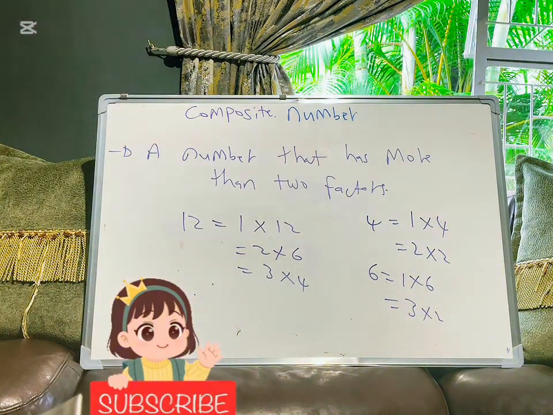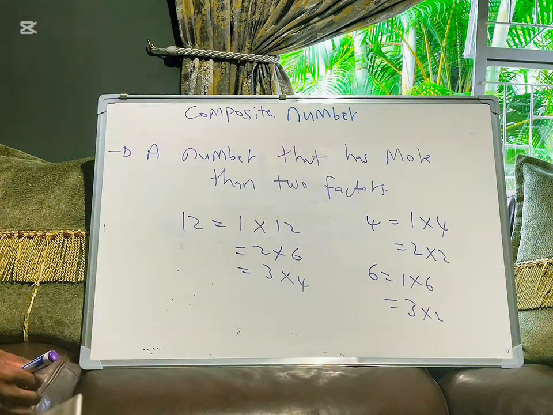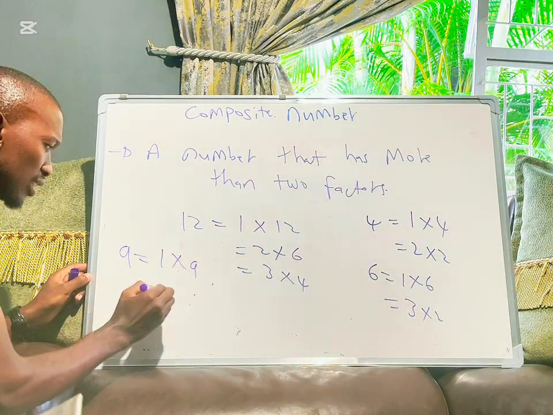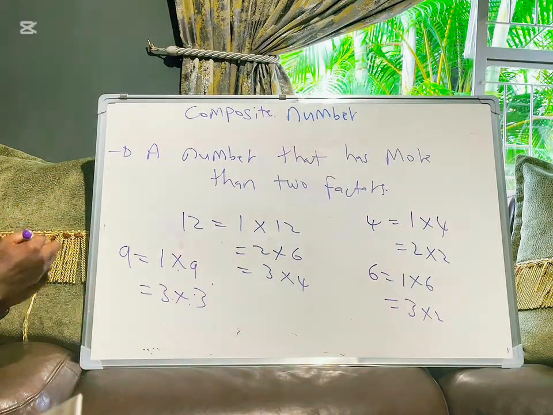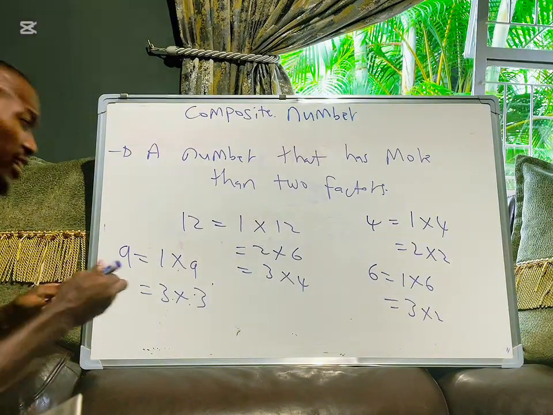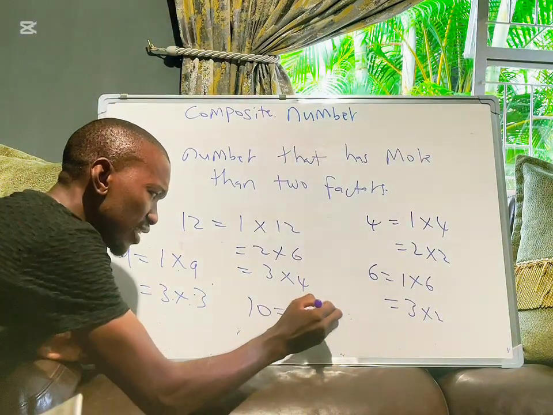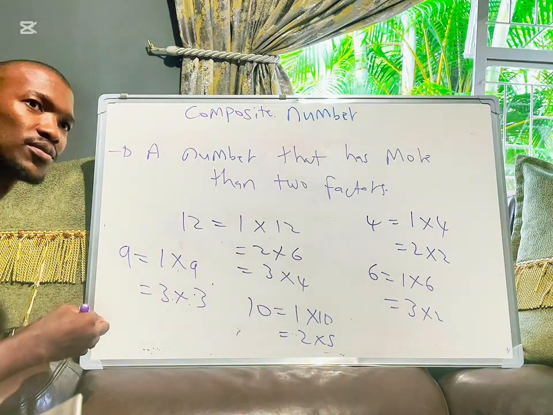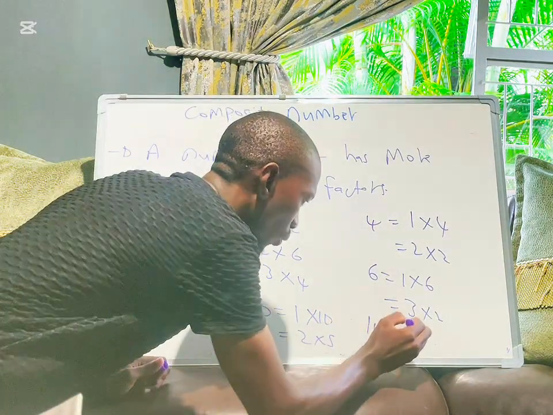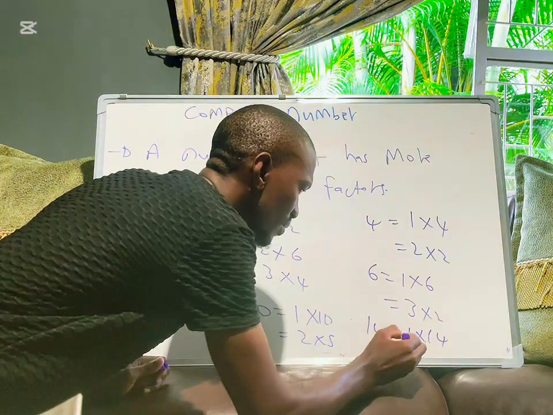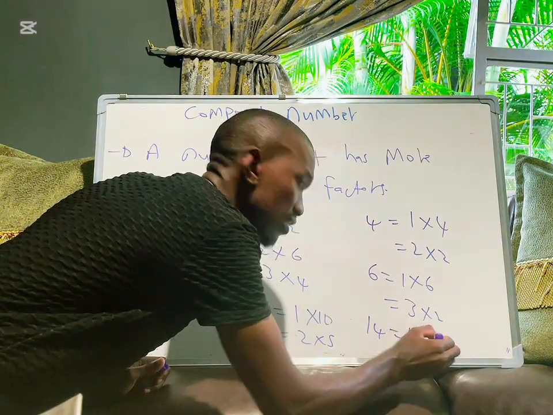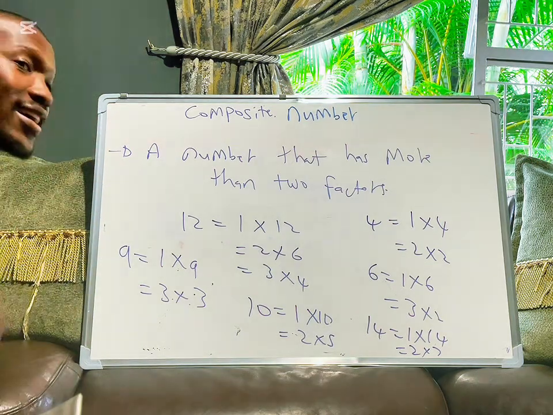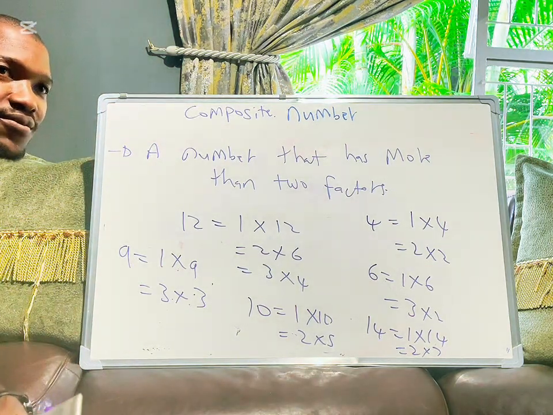What other number can we think of? 9. 9 has 1 times 9, 3 times 3. 10: 1 times 10, 2 times 5. 14: 1 times 14, and also 2 times 7. So there are a lot of numbers that are composite numbers.